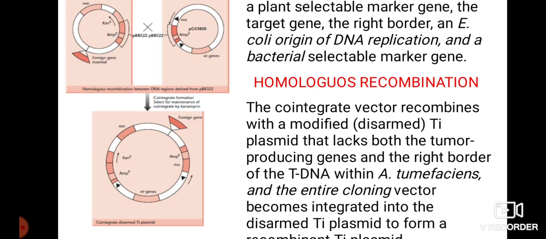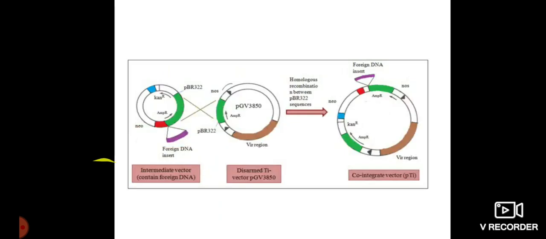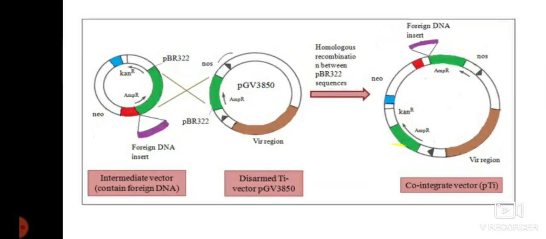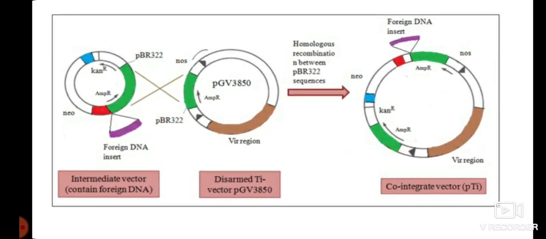That leads to the formation of a co-integrate vector, a recombinant vector carrying the gene of interest, the virulence gene, and all the other required portions. This is how people developed the vector system: the disarmed TI vector plus the intermediate vector combine together to form a co-integrate vector by homologous recombination between the pBR322 fragments.